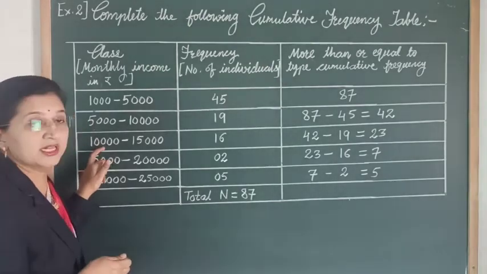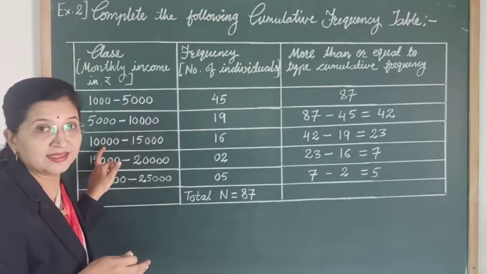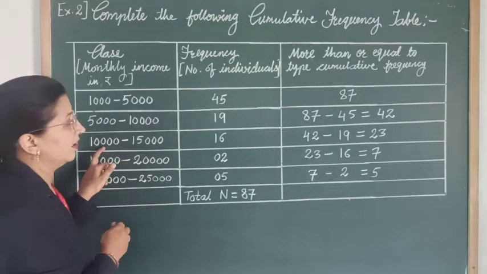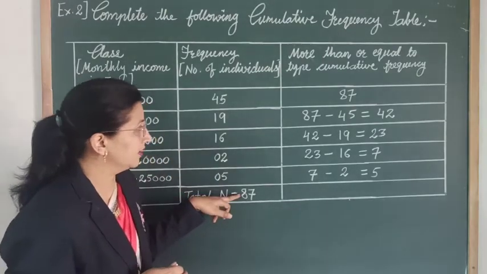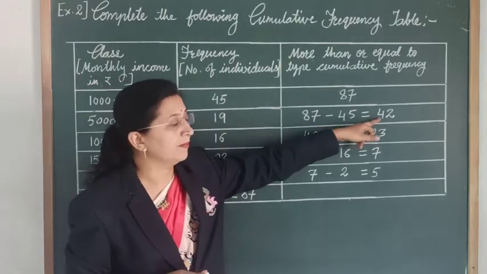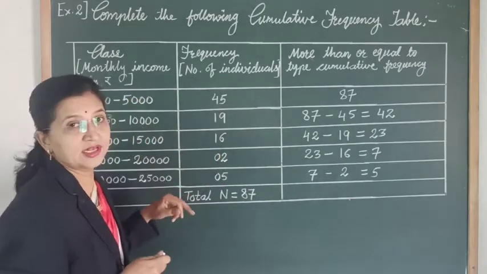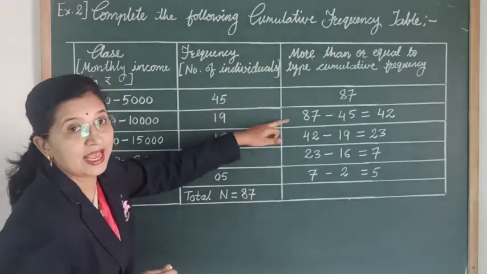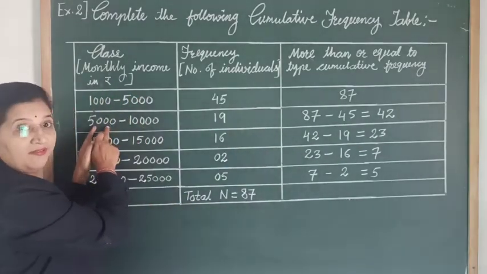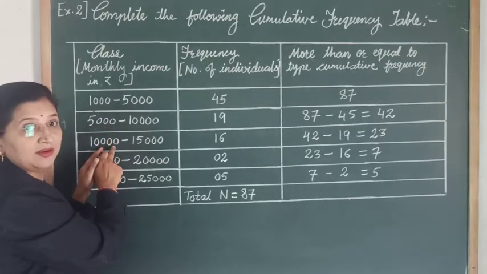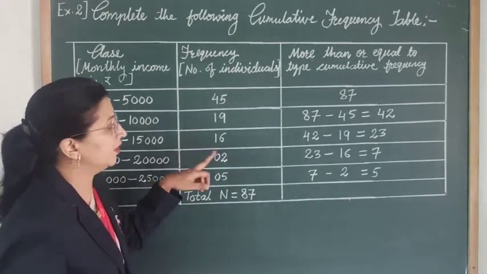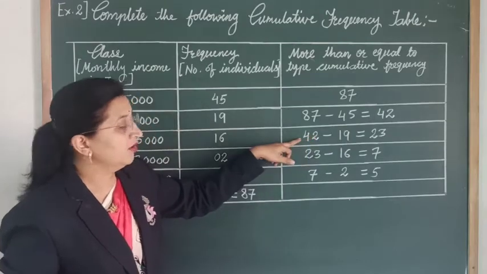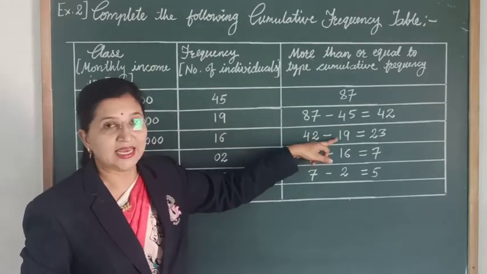Similarly, for individuals with more than 10,000 as their monthly salary, these 42 individuals have a salary of more than 5,000. But now our question is more than 10,000, so from this 42 we will remove this 19.